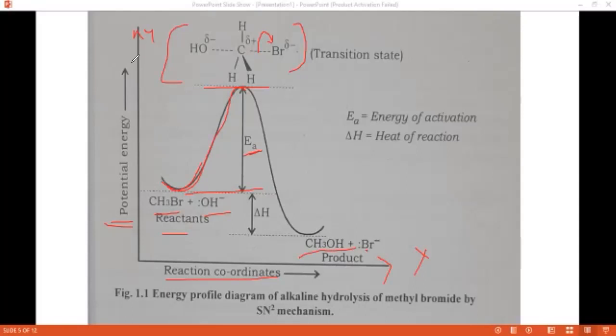Then again the potential energy decreases. This is the product formation. The difference between the energy of the reactant and the energy of the product is called the heat of reaction, delta H. It is the difference between the potential energy of the reactant and the potential energy of the products. This is the energy profile diagram of alkaline hydrolysis of methyl bromide by the SN2 mechanism.